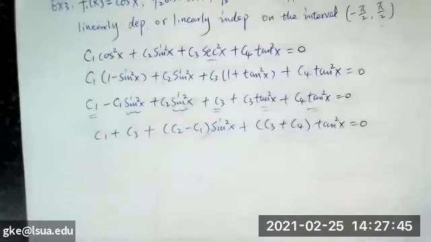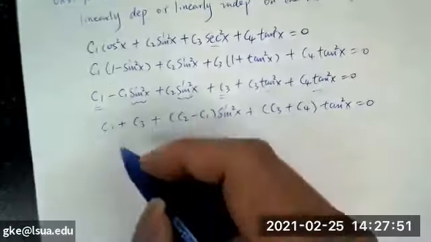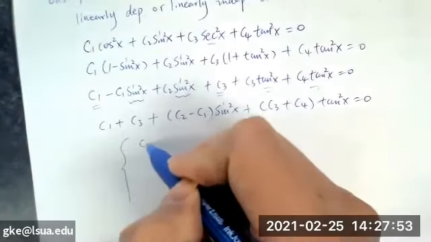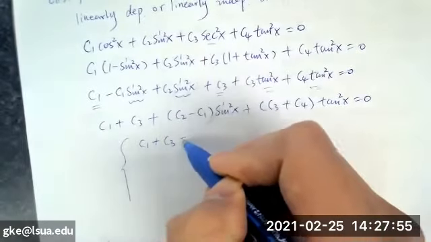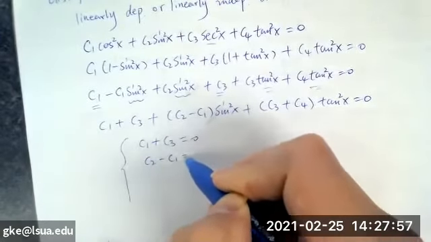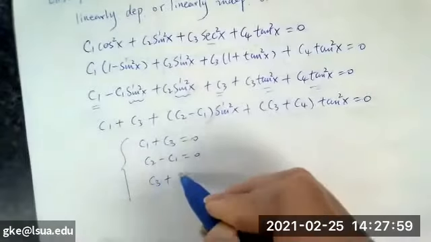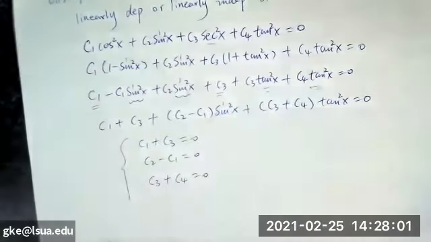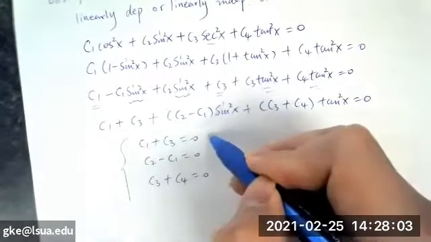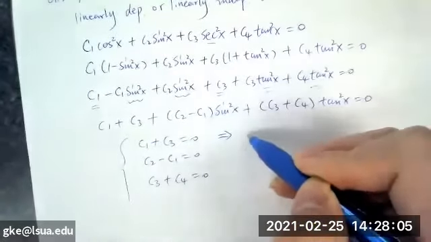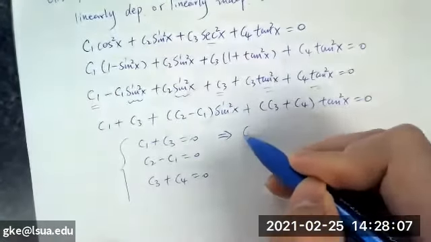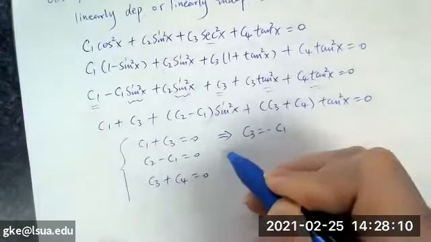Okay, so we got this equation, and definitely we can set each coefficient equal to 0, like we did before. From the first equation we get, for example, C3 equals negative C1.